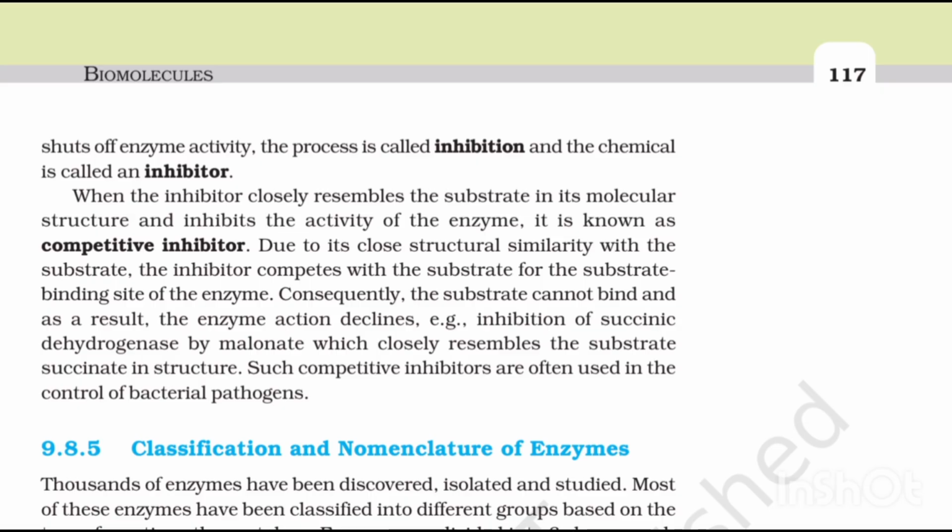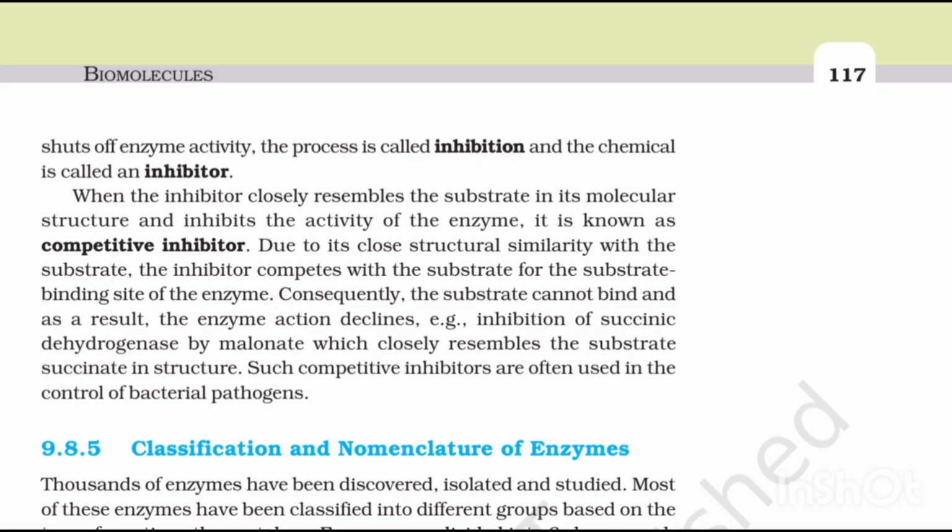Due to its close structural similarity with the substrate, the inhibitor competes with the substrate for the substrate binding site of the enzyme. Consequently, the substrate cannot bind, and as a result the enzyme action declines.